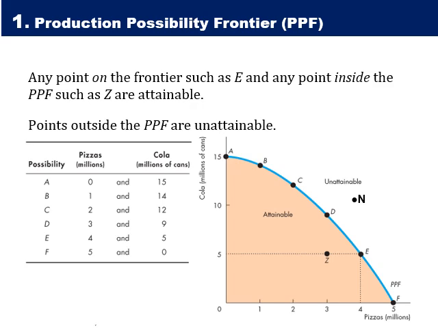So, based on that, points inside the frontier are attainable, meaning that this combination of the two goods could be produced using the available resources and the current level of technology. On the other hand, we cannot produce at points outside the PPF, such as point N, because it will not be attainable for us, which reflects the scarcity problem.